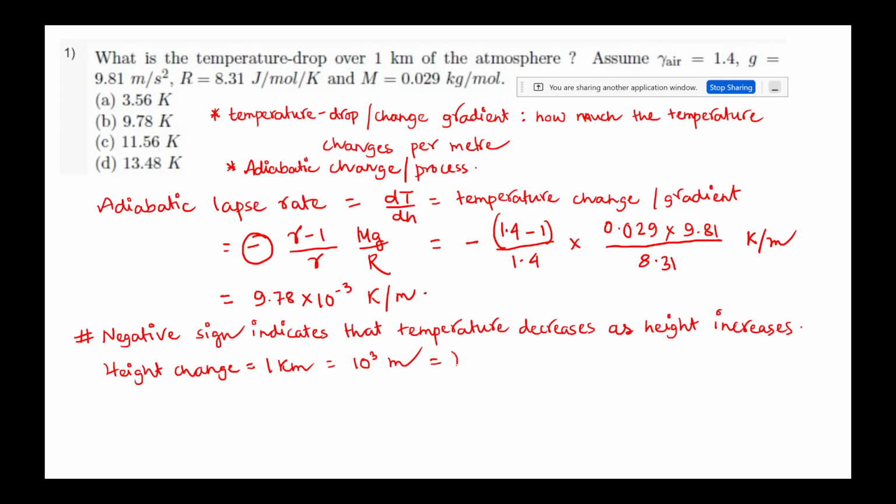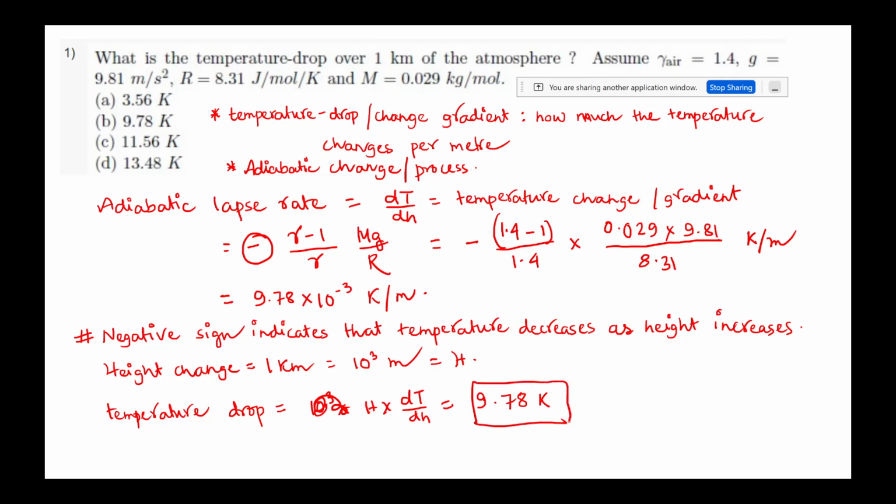This is the capital H. So the temperature drop will be this height times this rate. Let me write the equation, H times dT by dh. If you multiply that, it comes to 9.78 Kelvin. So this is the correct option, 9.78.